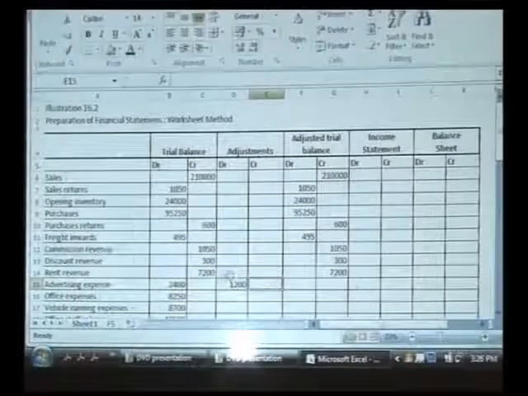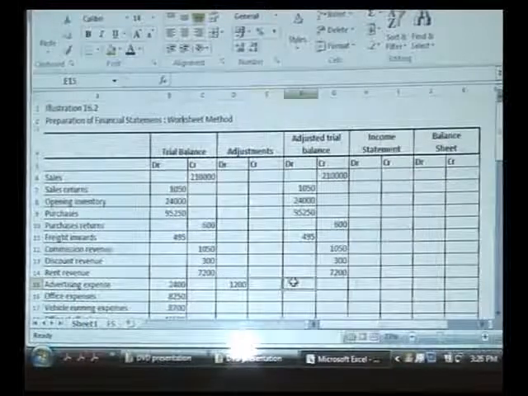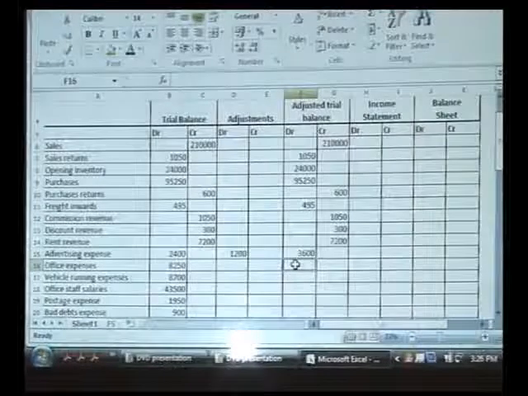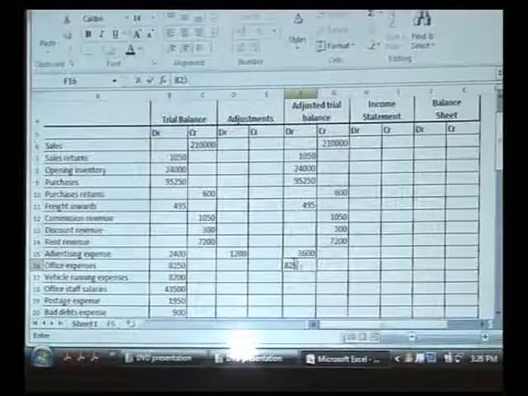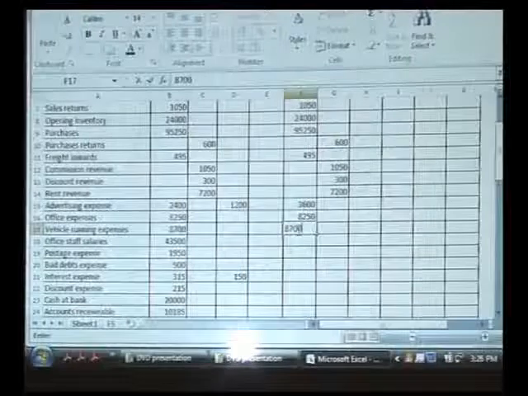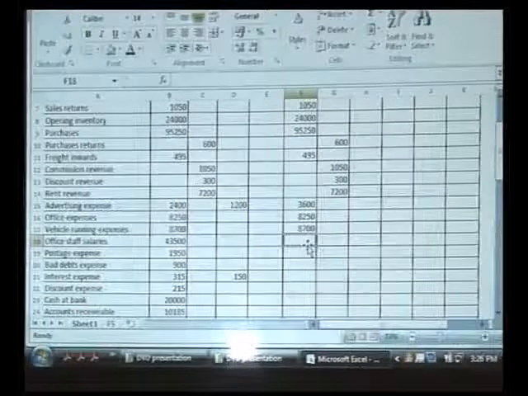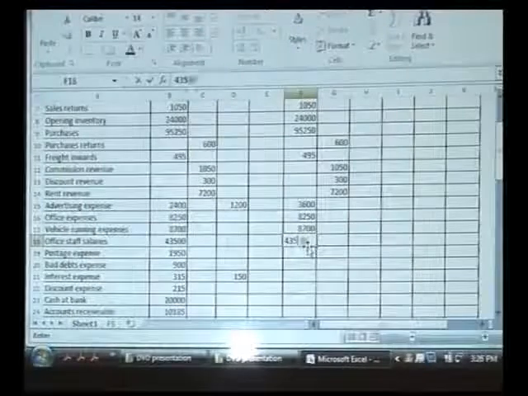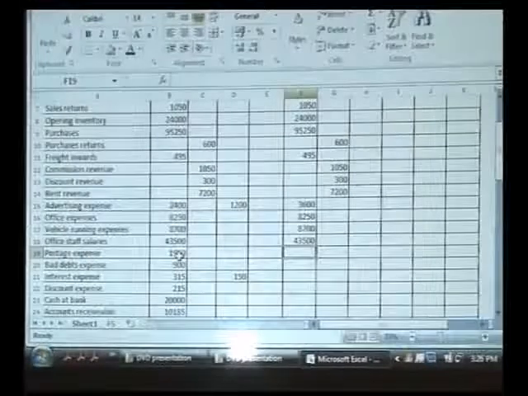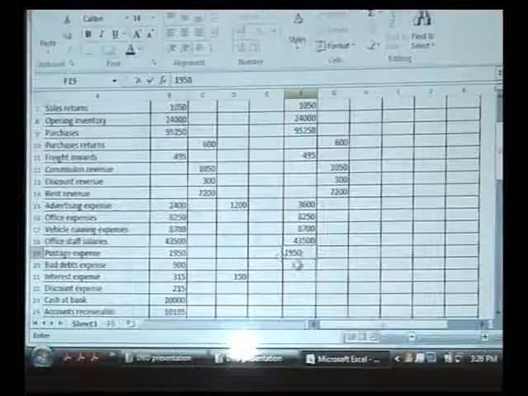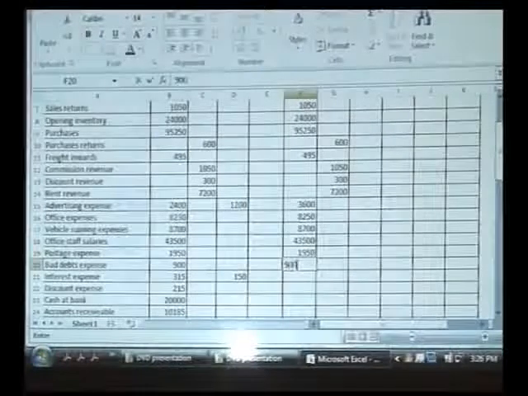Yes, 1,200, 3,600, then adjusted figure. 8,250, same amount. 8,700, same. 43,500, same. 1,950, 900, same.